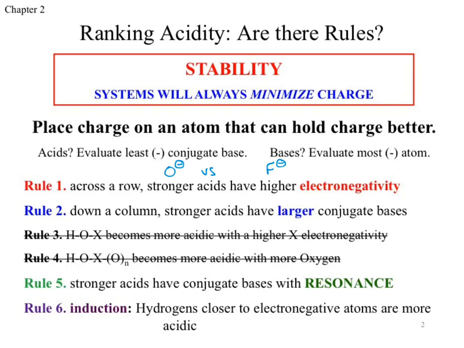The acid becomes more acidic. Okay. Rule number 2, down a column, stronger acids have larger conjugate bases. All right, sounds a bit odd, but what we're comparing in that case would be something along the lines of HF, and let's run with HCl.